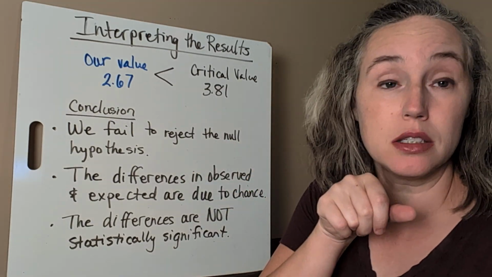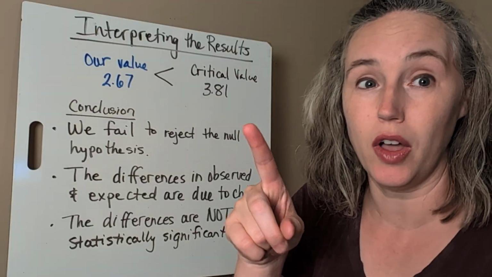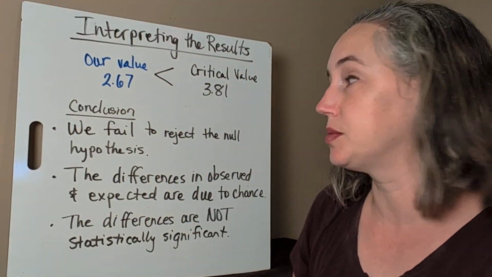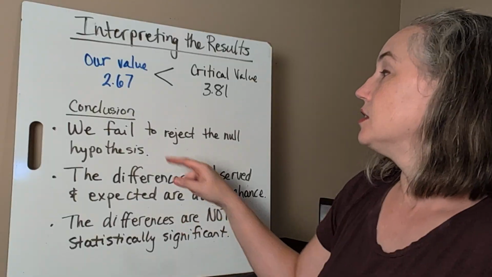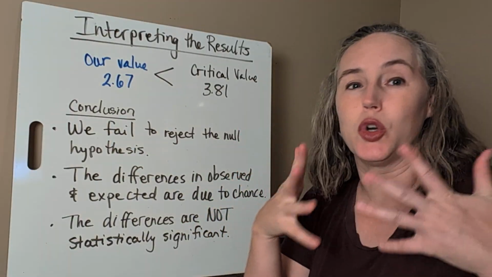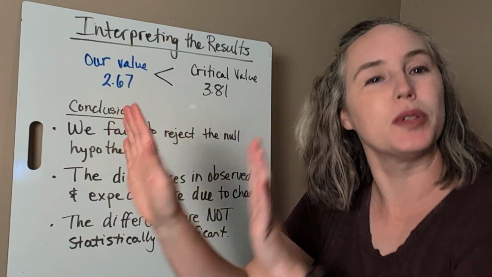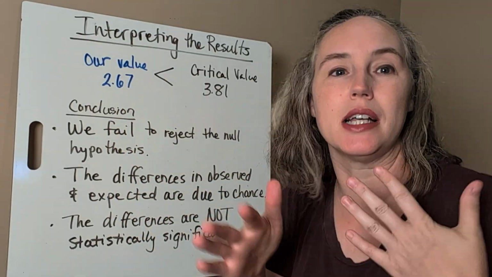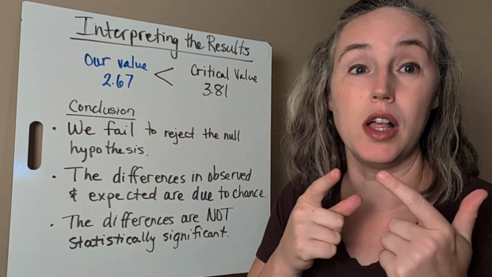Again, if this wording is confusing to you, check out my video on the null hypothesis. I'll have the link in the description below. So we don't accept the null hypothesis, that there's no real difference, but we fail to reject it. So we're cool with it. Yes, that hypothesis works for us, the null hypothesis.